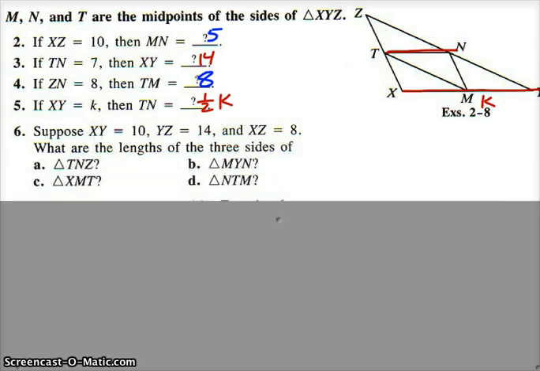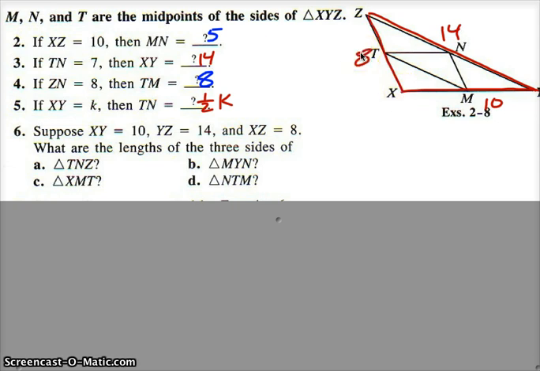So let's look at our diagram and label. If XY equals 10, so the entire bottom is 10, YZ is 14, so the entire side over here is 14, and XZ is 8, so the entire side over here is going to be 8.